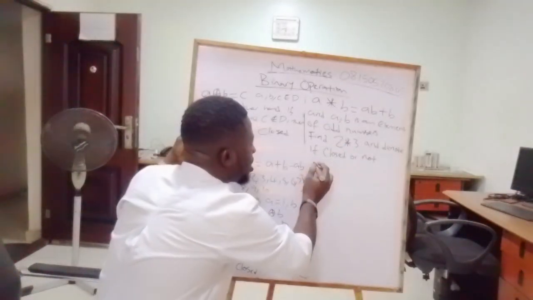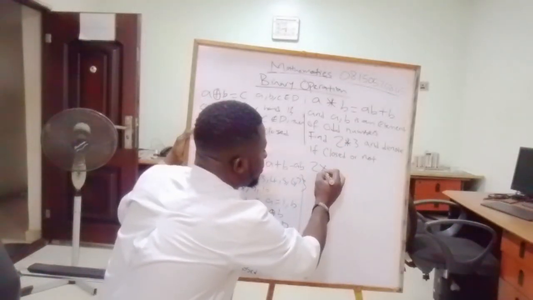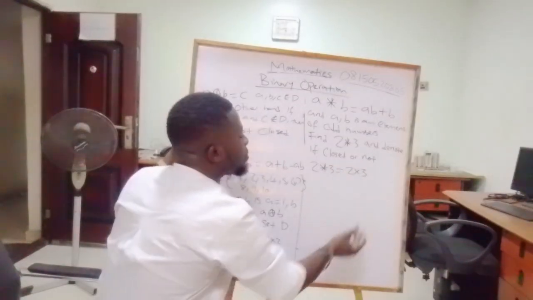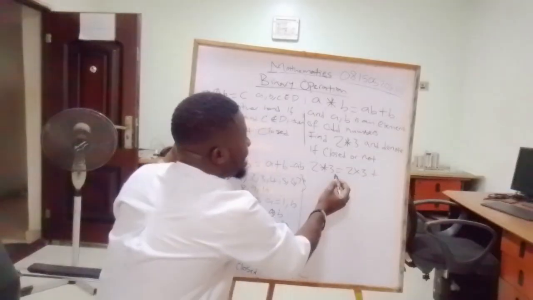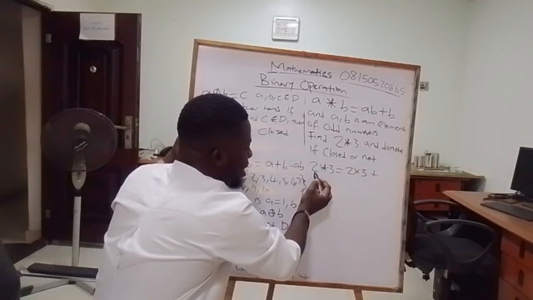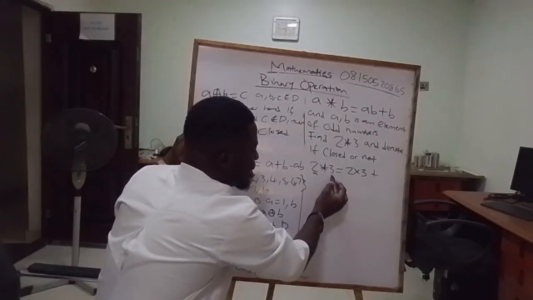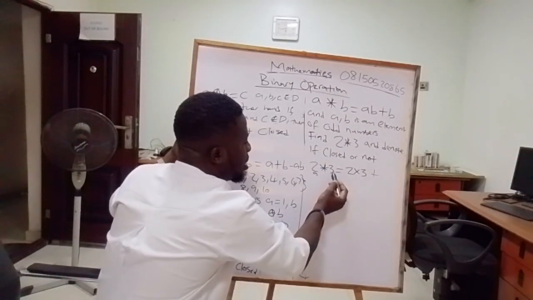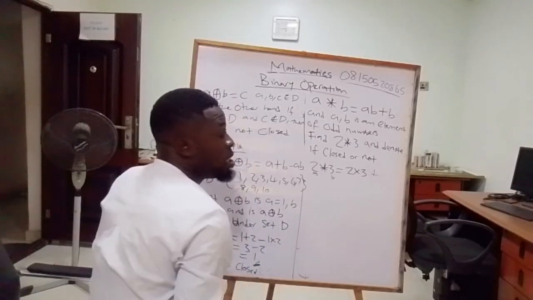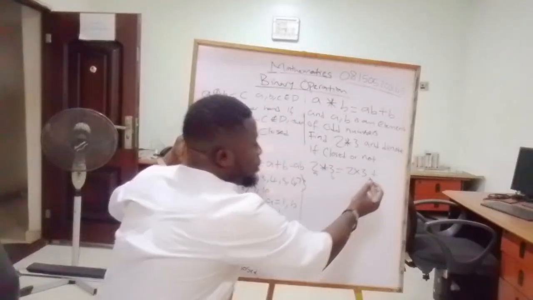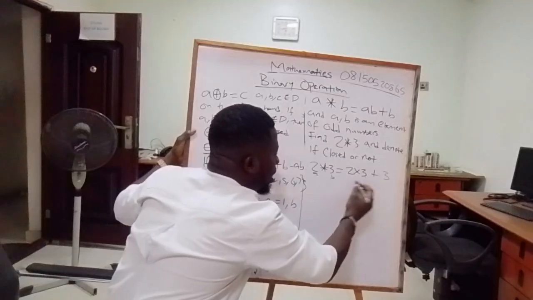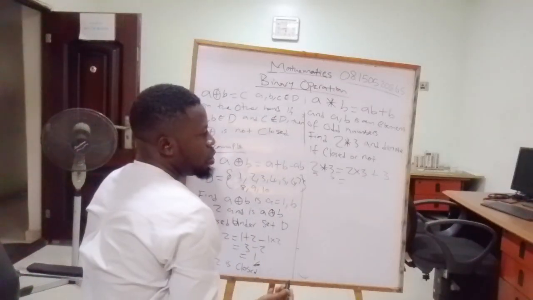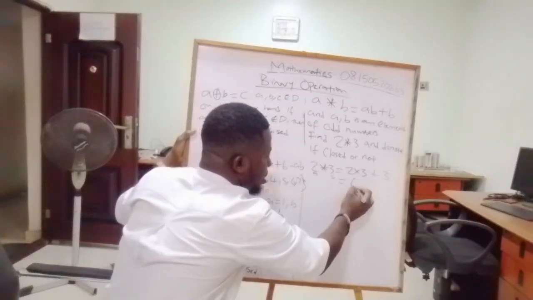That means 2 operation 3 will now give us 2 times 3 plus b. This is our a, this is b. So I'm following the law: 2 times 3. Then what's b? b is 3, so that will give you plus 3. So what is 2 times 3? 2 times 3 will give us 6.